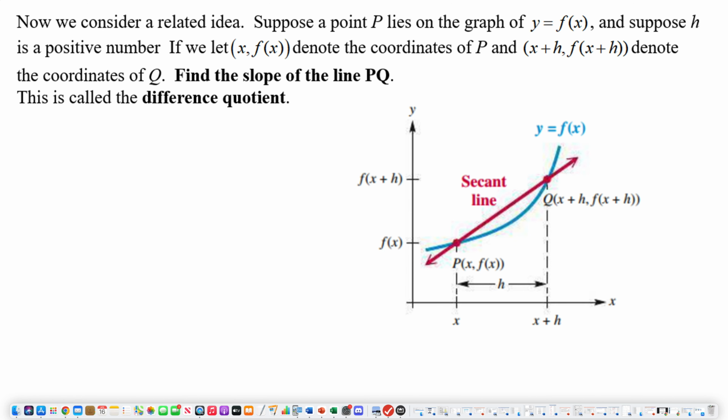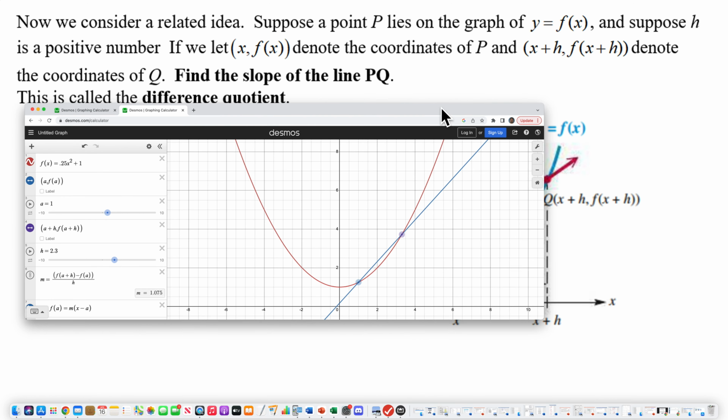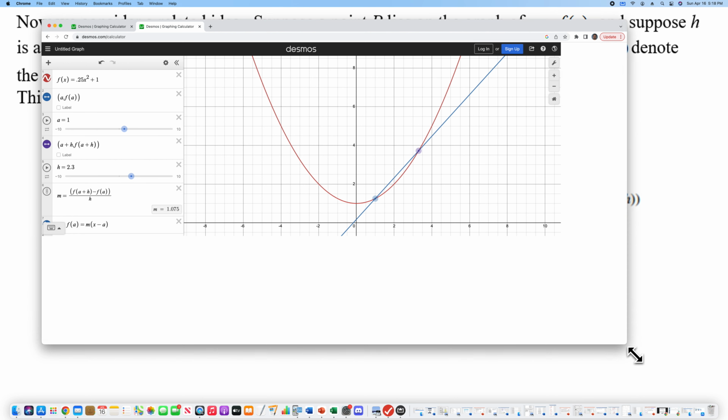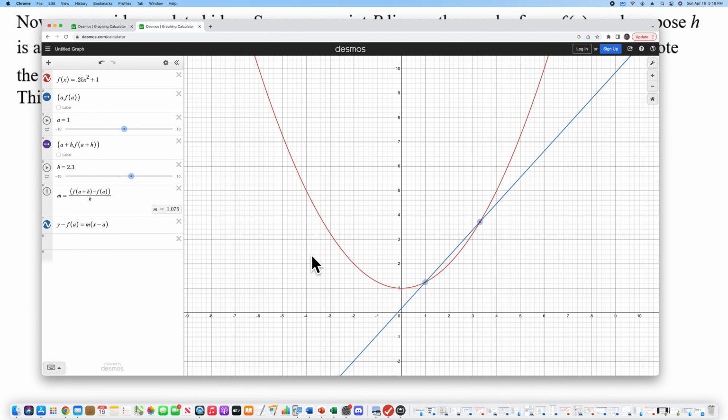So, a little visual here for us. Here's a graph. I built this in Desmos. And so what I'm pointing out is here's my point, and here's my h value. As my h gets bigger, notice that the slope of this line does not represent this curve.